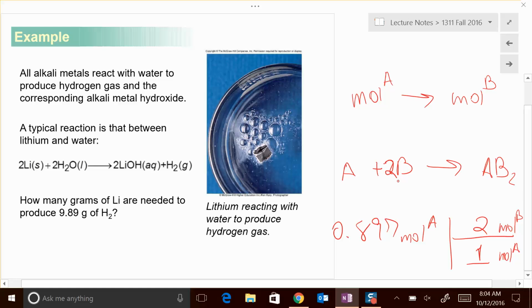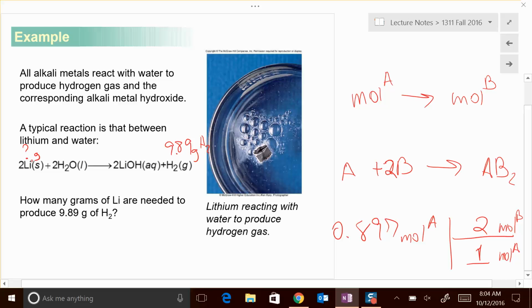So here we have lithium. It's reacting with water. It's going to boil and produce lithium hydroxide and hydrogen gas when you put it in the water. So if I want to produce 9.89 grams of hydrogen, how much lithium is needed in grams?